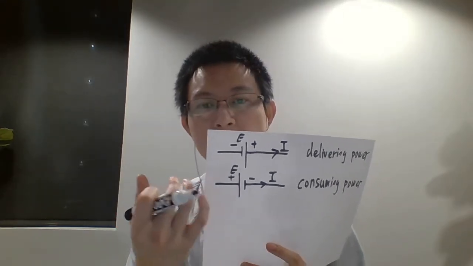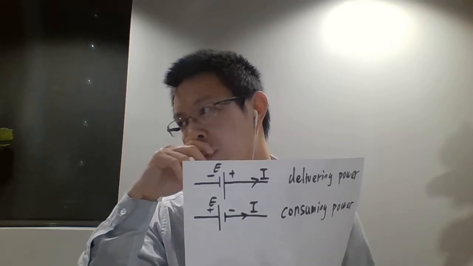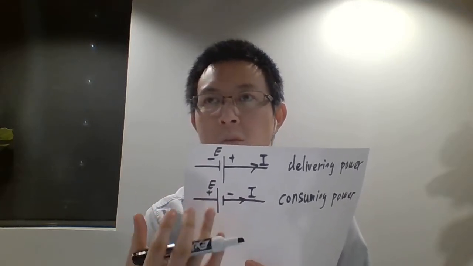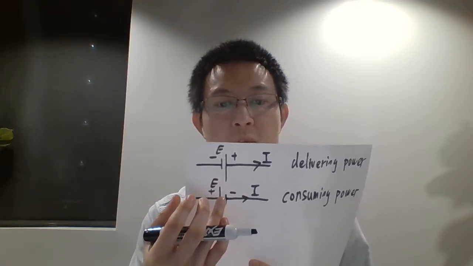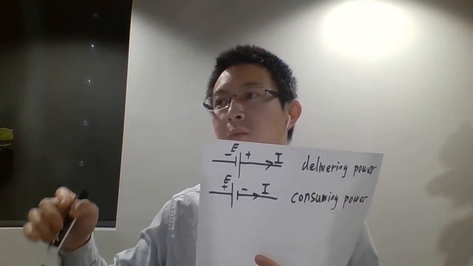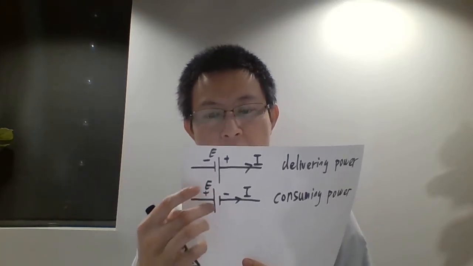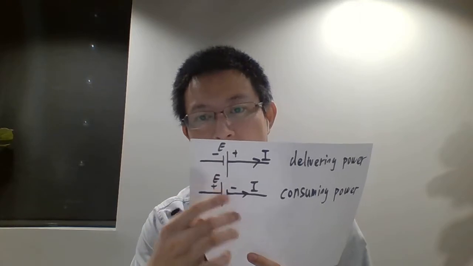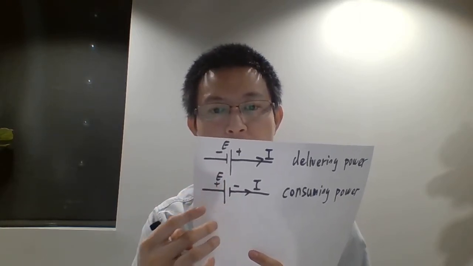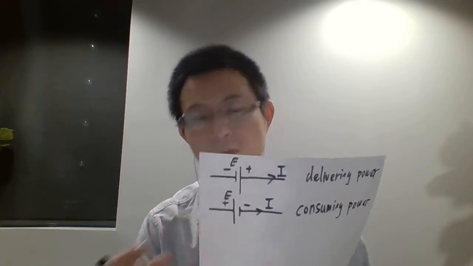Which means the current is going to go from the positive to the negative. Inside your battery, there's a lot of chemical stuff, so with the proper voltage, your phone can be charged. In this way, it's acting like a load, like a resistor, but it's not actually a resistor. But just so you know.